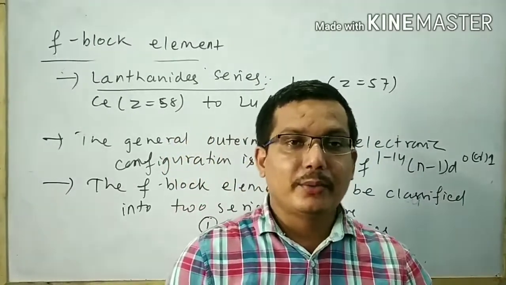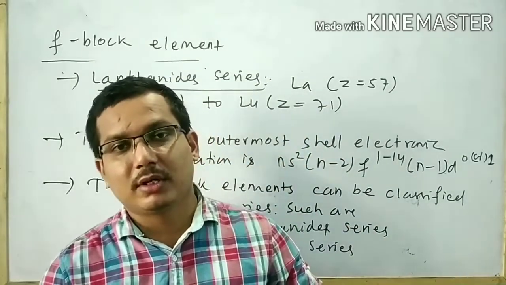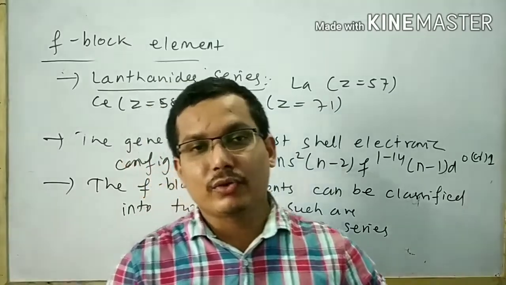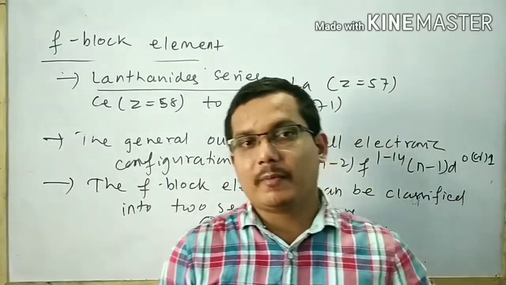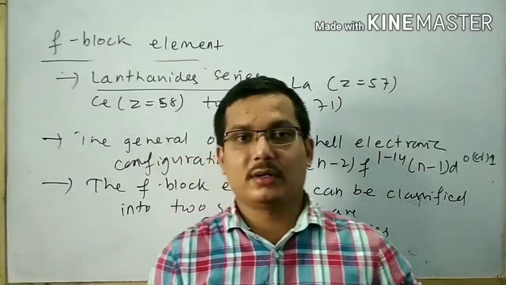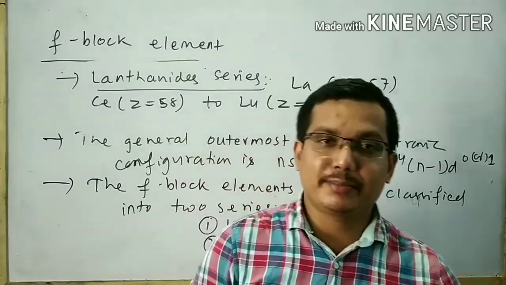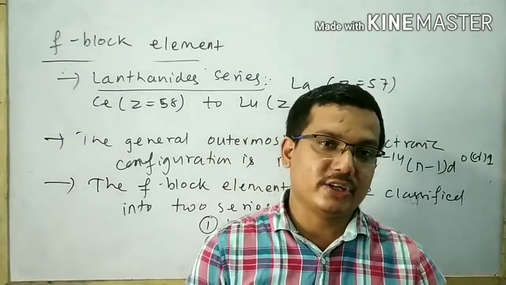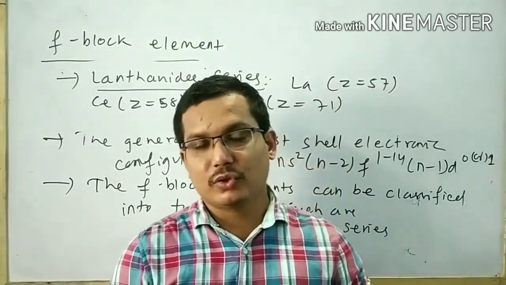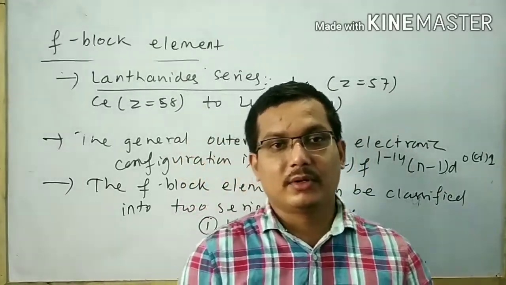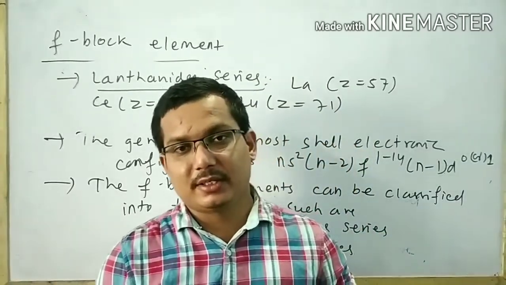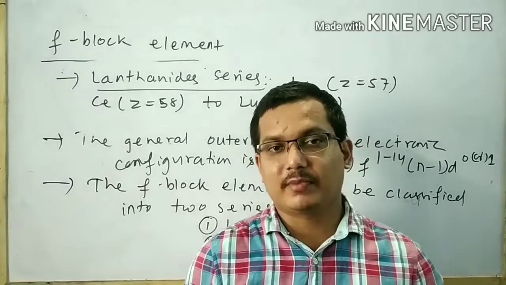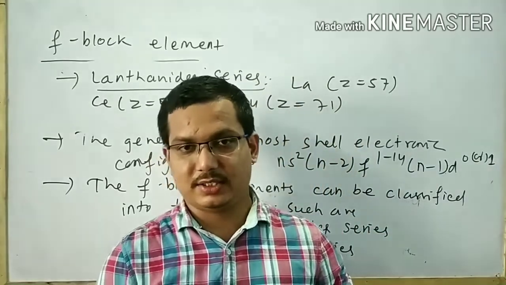But remember, when we discuss the characteristics of F block elements, then we can include lanthanum in F block, though actually it is present in the D block. So you can consider lanthanum in F block when we study the characteristic properties of the lanthanide series.